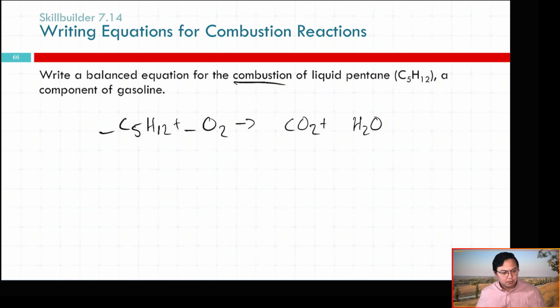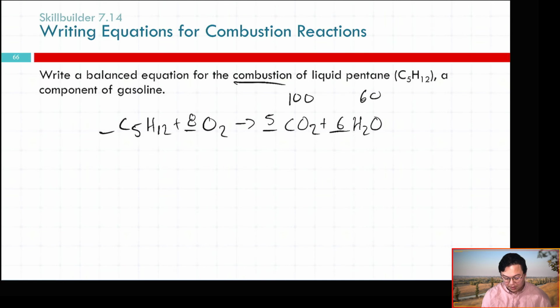So we start with carbon. Right, so we have 5 carbons on the left. We want 5 carbons on the right. We have 12 hydrogens on the left, so we're going to do 6 times H2O here in our water to get 12 of those. And now we have 10 oxygens and we have 6 oxygens.